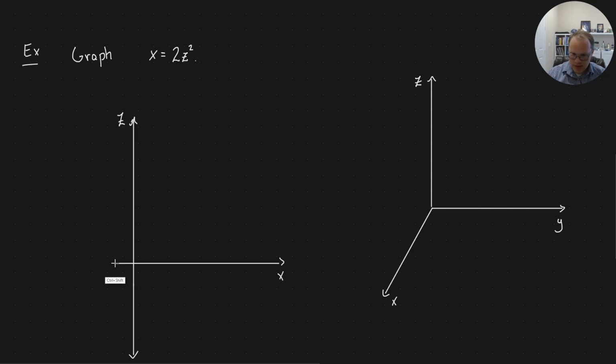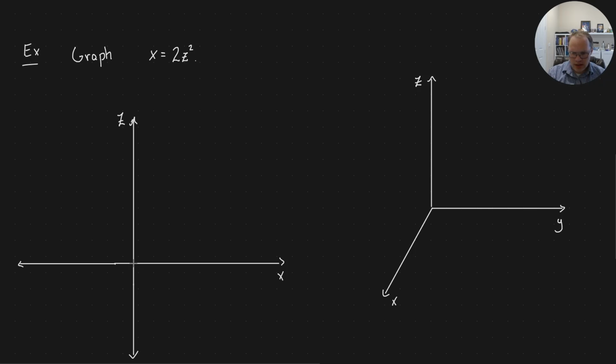Probably extend this a little. Okay. Hey, I know what that is. That, if I forget about the fact that the variables are a little strange, it's a parabola, right? And in the xz plane, this would be a sideways parabola because the z is squared, the x is not.